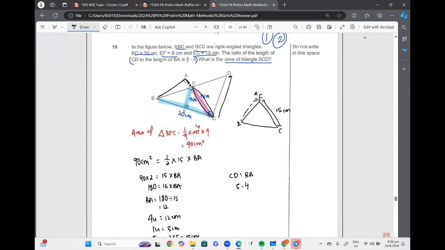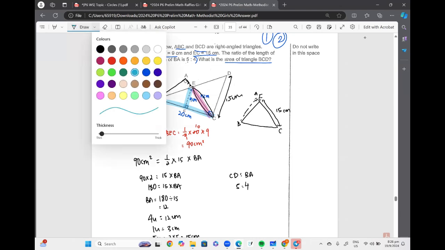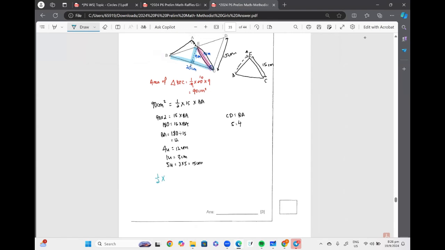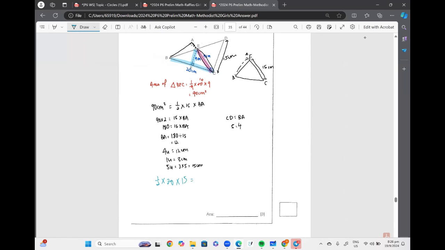Since I know that CD is 15 cm, can I find the area of triangle BCD? Yes, I can easily. I can just take half times base, which is 20, times height, which is 15. This one cancels, and I'll get my answer of 150 cm square. And that is my answer to this question.